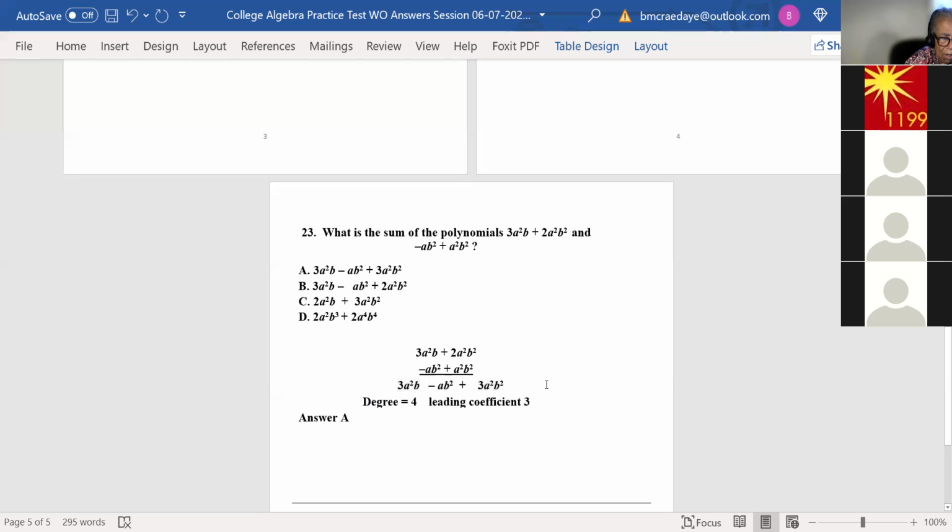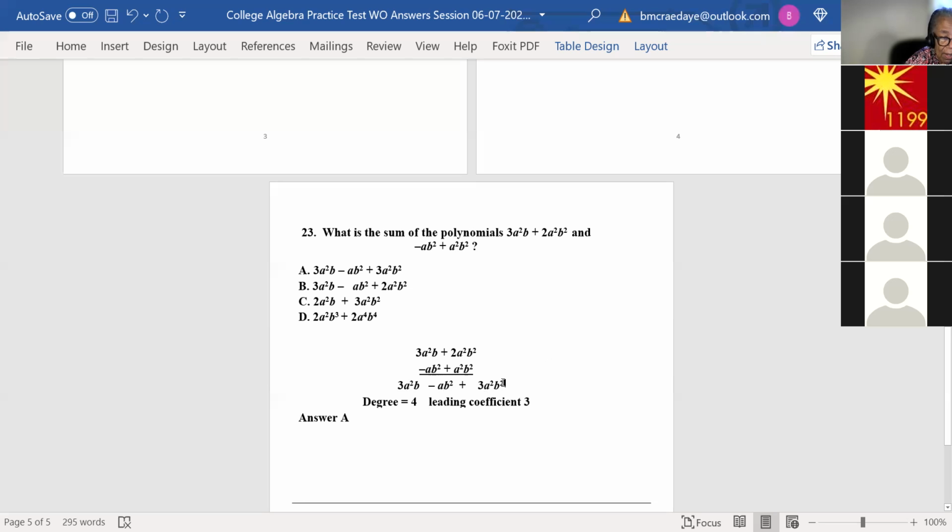Yeah, because you've got to add up the powers on each variable. 2 plus 1 is 3. 1 plus 2 is 3. 2 plus 2 is 4. This 4 is higher than the 3. So that's why 3 cannot be correct, because when you add up the powers on the variables, you've got a number higher than 3. You follow? Yes.